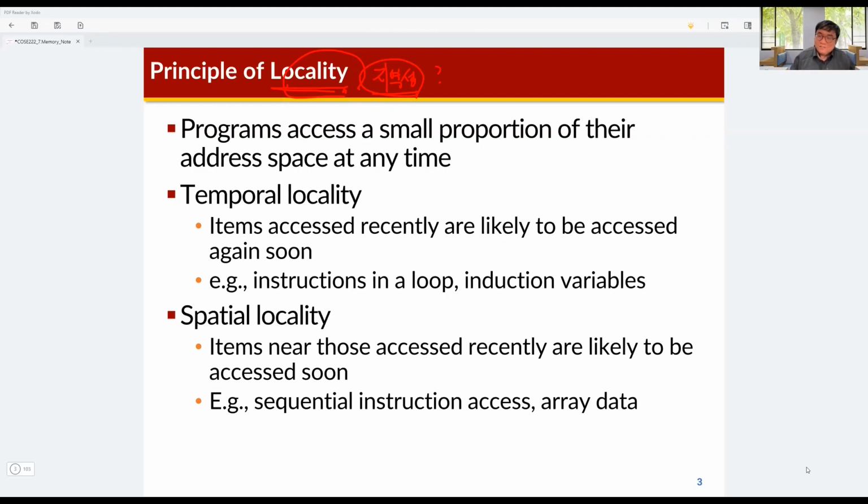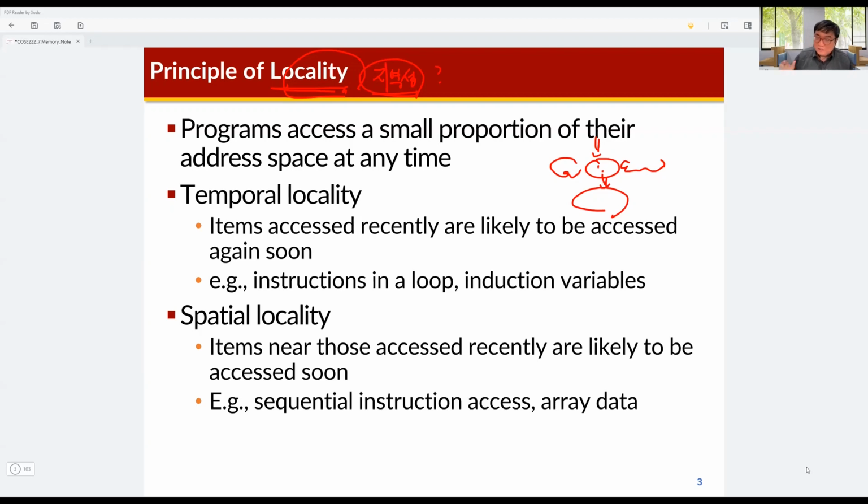In other words, if some part of data is accessed and then used by the processor, then the same data or some neighbor data, so adjacent data, will be used or reused in the near future. That is the meaning of locality.